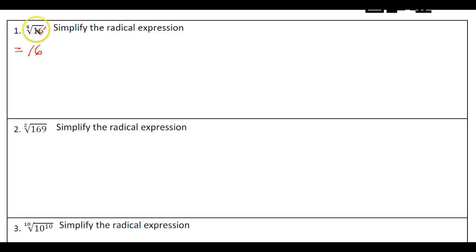Take away the radical sign, and then convert it into fractional exponential notation. So this is 16 to the 1/4 power. These two are equivalent. And the fourth root of 16 is 2, because 2 to the 4th power is 16.